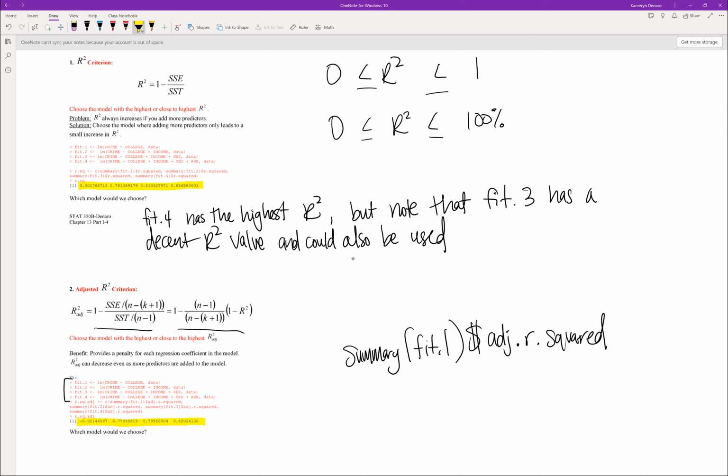And when I look at this, we would still probably choose model 4. Fit.4 would be what we would choose. It has the highest R squared adjusted value.